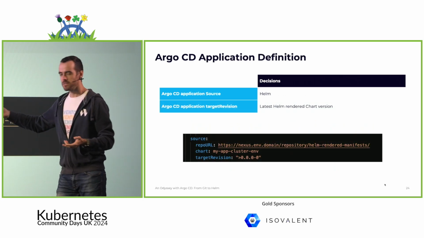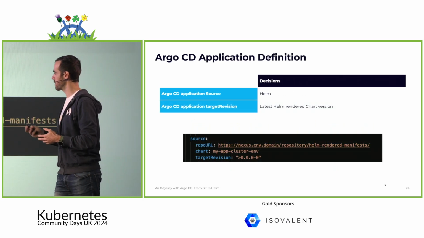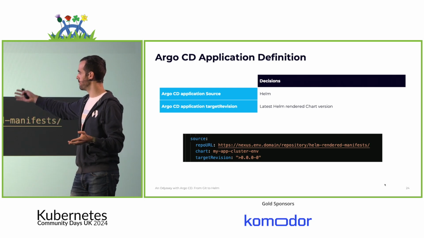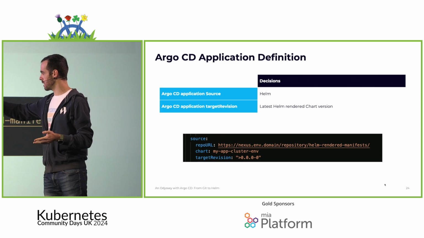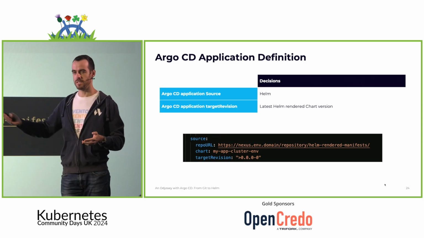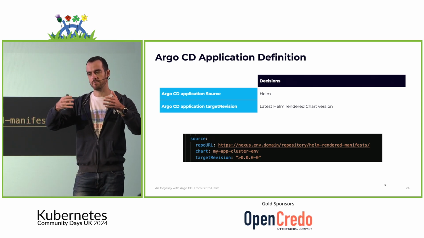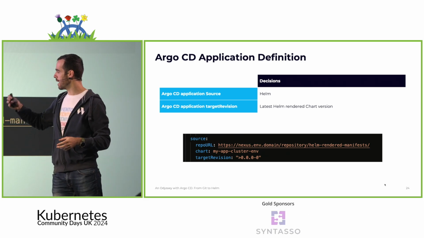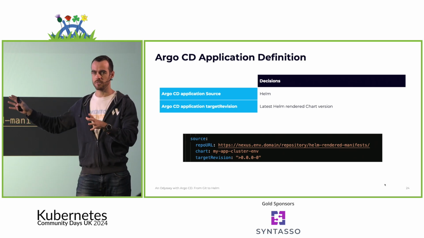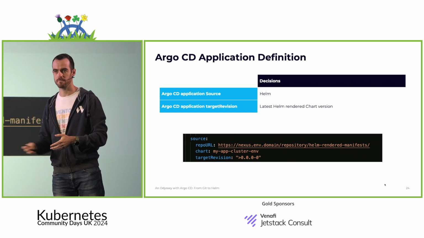And we also changed our application definition. Instead of pointing them to those Git mirrors, we pointed them to Nexus, as I said. We created the charts following that syntax, the name of the microservice, the cluster environment, cluster/environment, and use the target revision as the latest one. We'll go over that later.